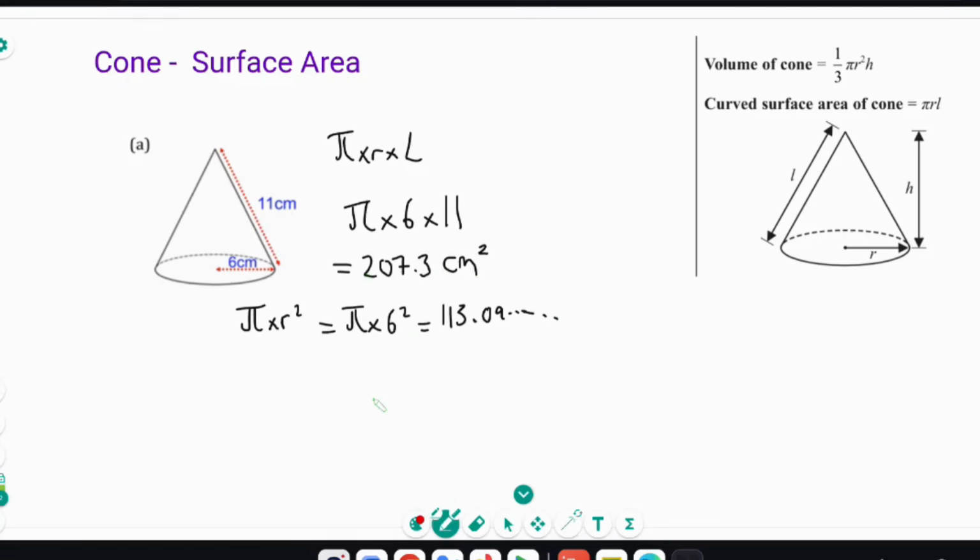I'm just going to leave a few decimal places. I should have done that there really. Anyway, add them together to get the total surface area. 320.4 centimetres squared to 1 dp. So that's the total surface area.